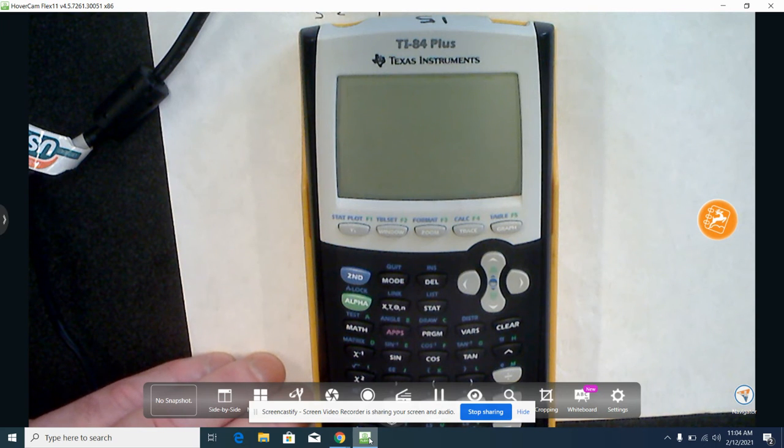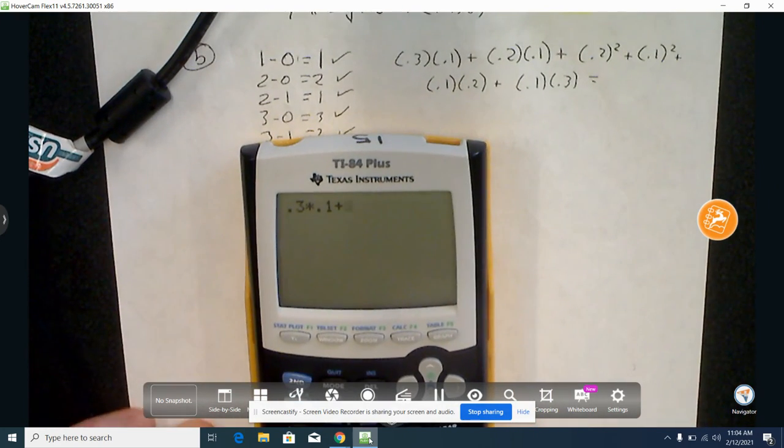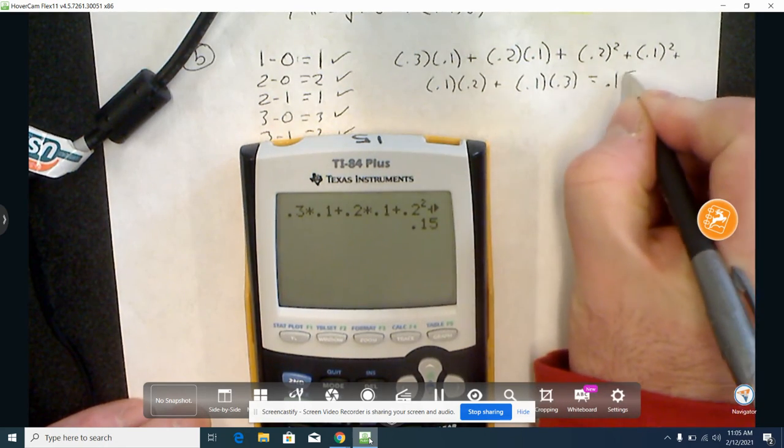So I have 0.3 times 0.1 plus 0.2 times 0.1 plus 0.2 squared plus 0.1 squared plus 0.1 times 0.2 plus 0.1 times 0.3 equals, and I get 0.15, which is the correct answer.